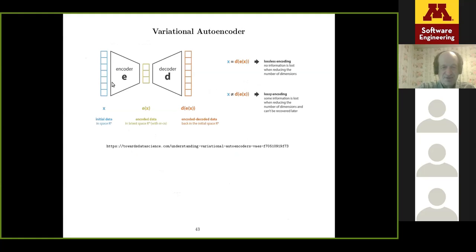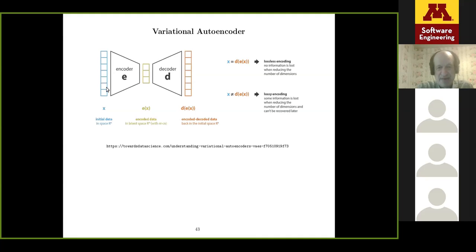It goes through an encoder to a much smaller set of numbers, which then goes through a decoder to get the output, which should match the input. And the whole idea is to learn weights inside the encoder and the decoder so that you can reproduce the output.